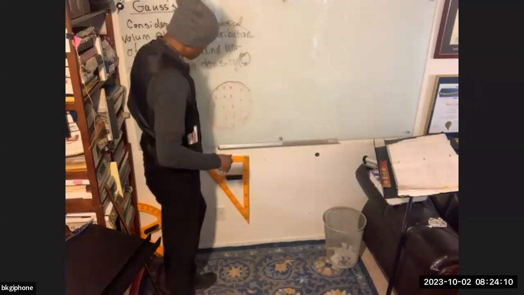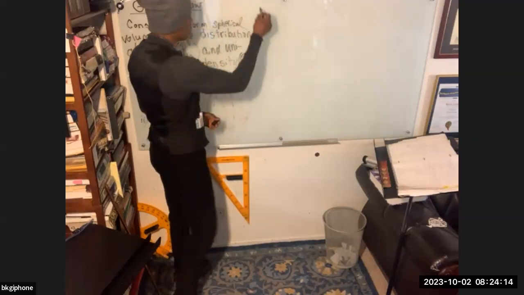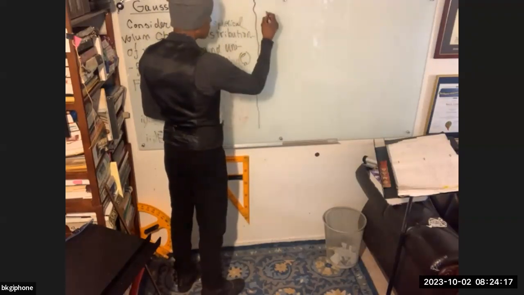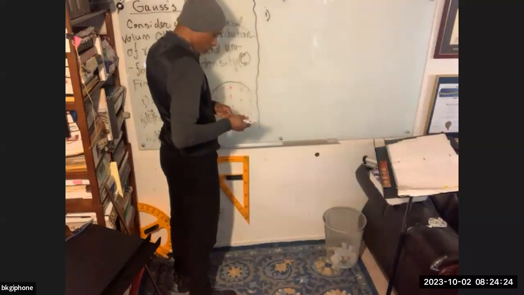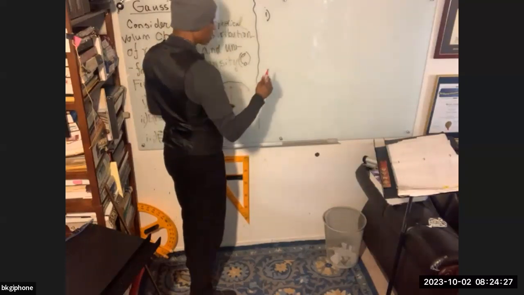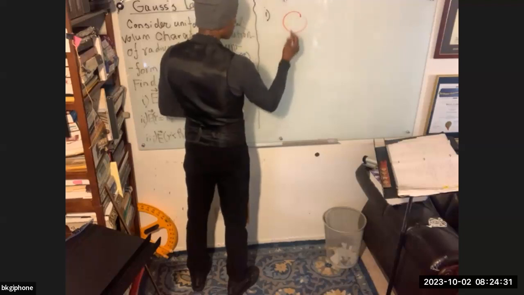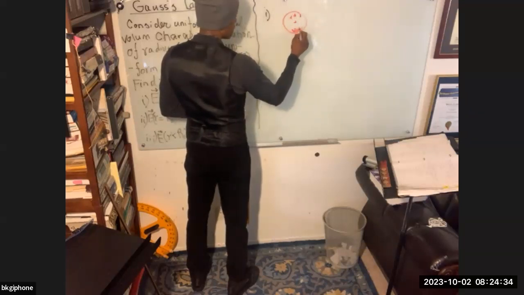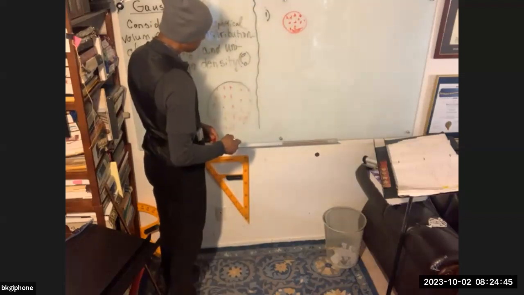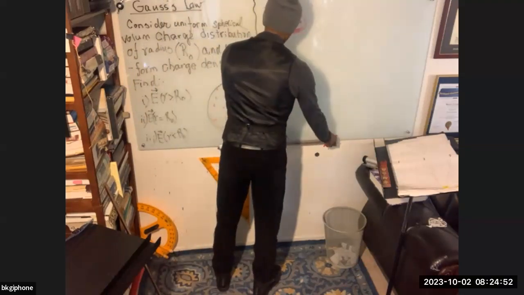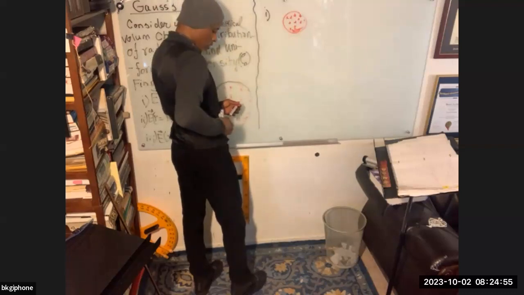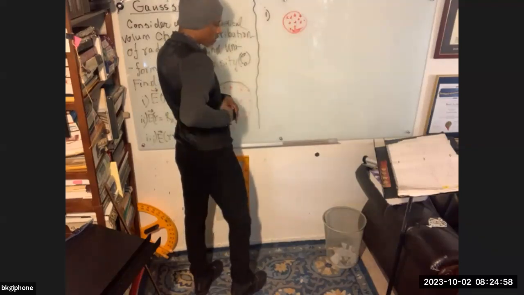Part 1. So here's our little ball here. Now, this distance here, as we said, is R naught.